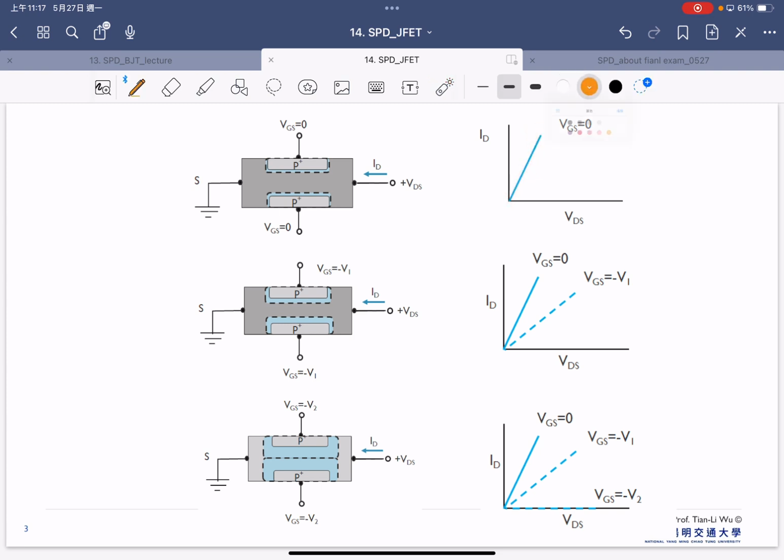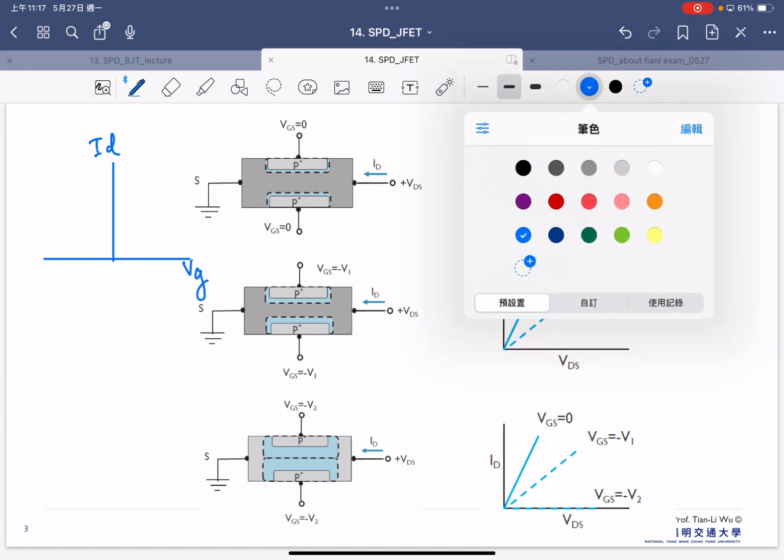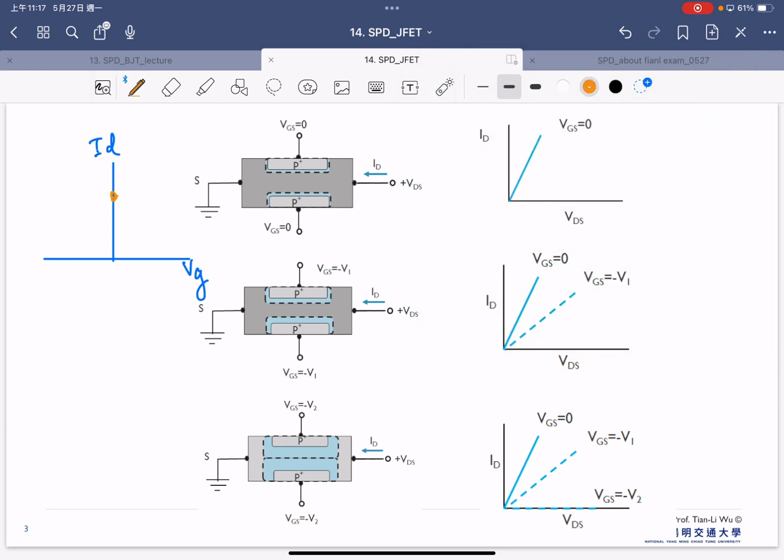So that means if you look at the ID-VG curve here, at VG equal to 0 volt, the current is already there because this is N-type substrate. So what we need to do is to apply the negative bias until a certain moment we start to pinch off our channel here.